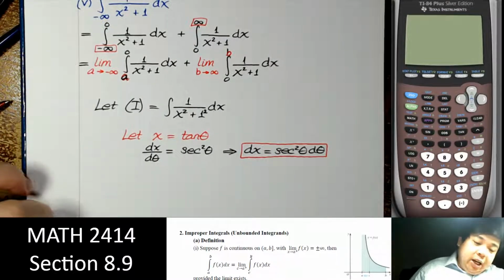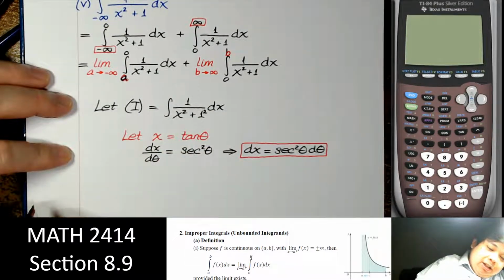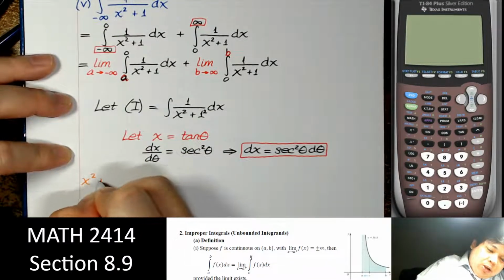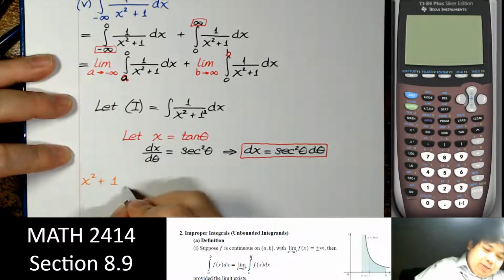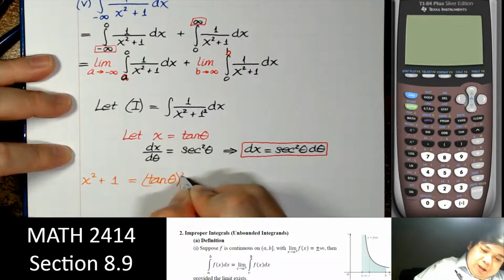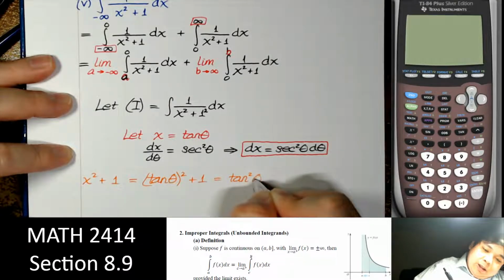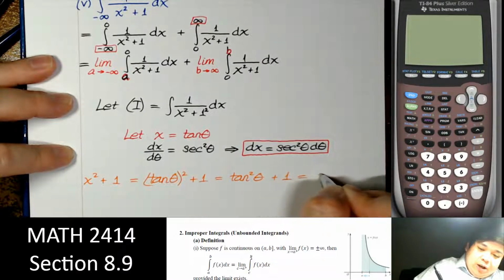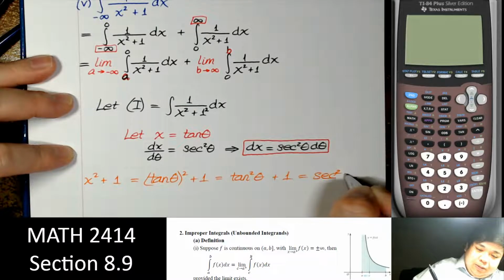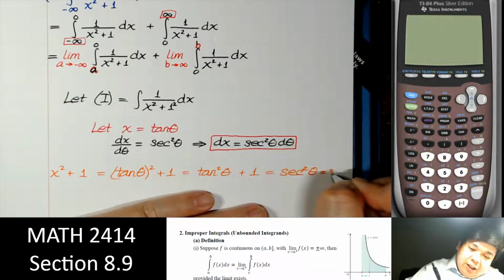You see. Right, and then the part here, x squared plus 1. X is tangent theta, so tangent squared plus 1 is secant squared.